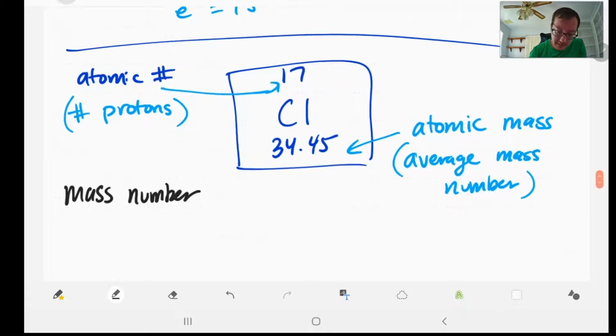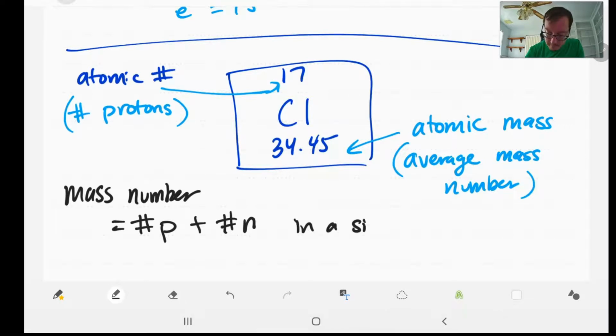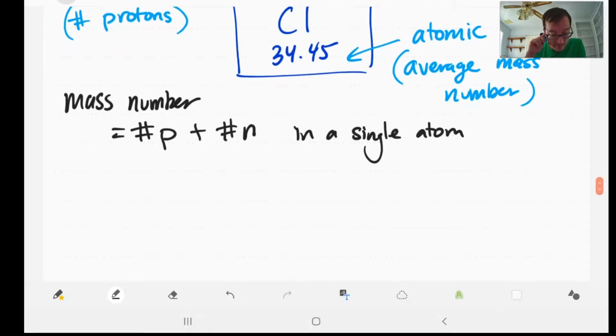The mass number is equal to your number of protons plus your number of neutrons in a single atom. And so this must always be an integer. You can never have a decimal for this. So for chlorine, let's say chlorine comes in a couple of isotopes.